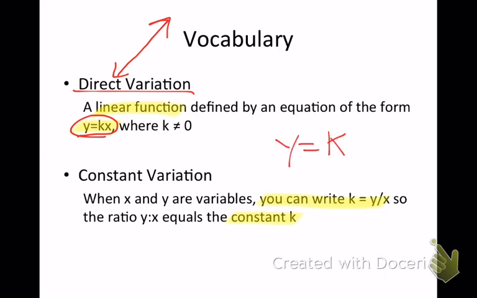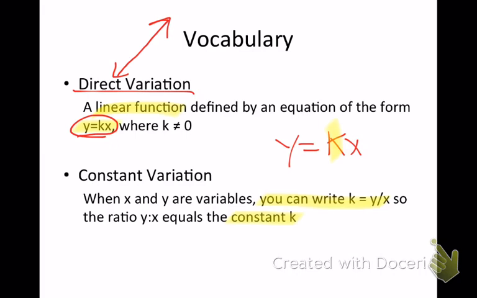Think about it. If I take y equals kx, and I were to tell you to solve for k, what would you have to do on both sides to get k alone? I got to get k alone. Think about it here. What's the operation between k and x? It's multiply, right?